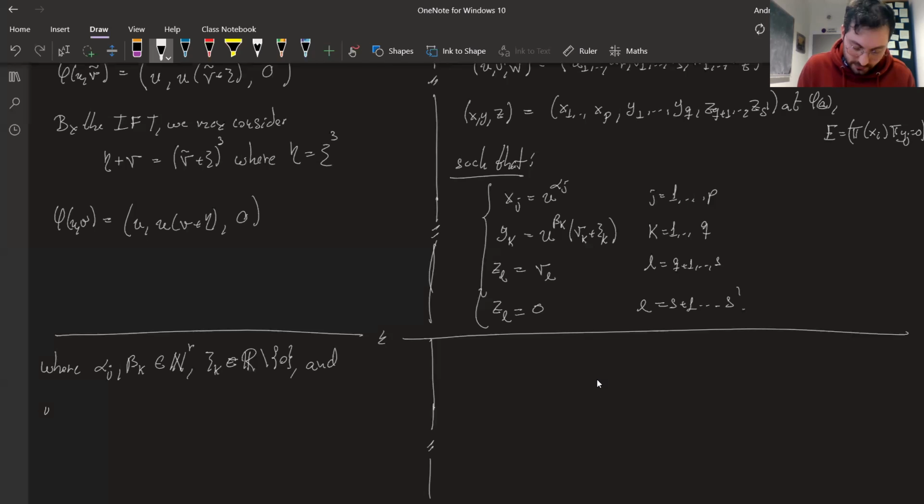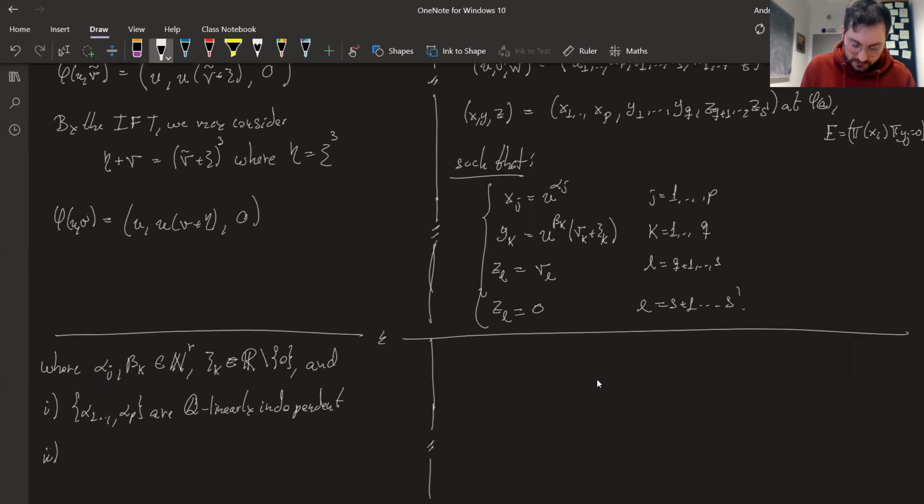And now the two extra properties that are going to be useful for us. The most important one here is that alpha_1 up to alpha_p, in R^n, are linearly independent.